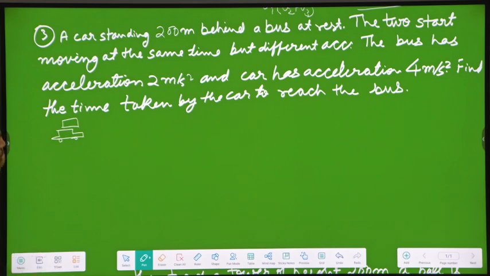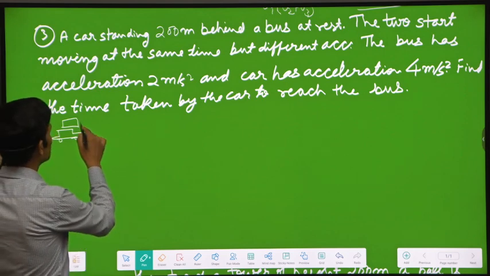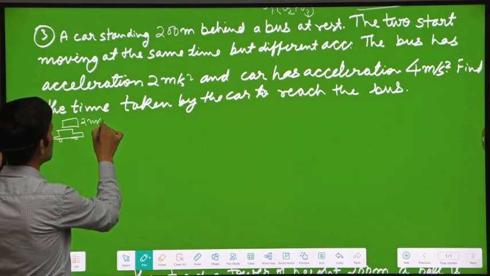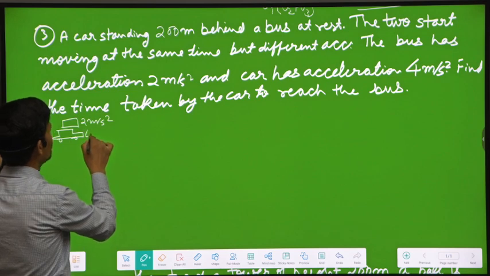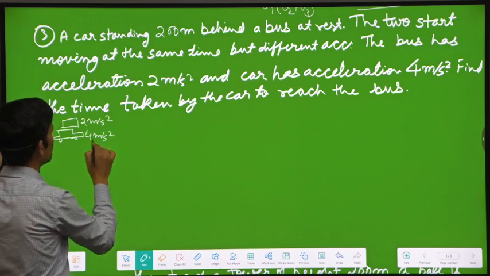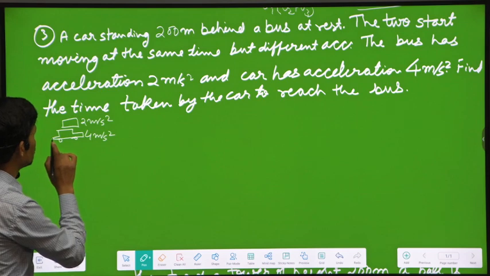The initial velocity is 0 and their acceleration, the bus has acceleration 2 meters per second square and the car has acceleration 4 meters per second square. Sorry, I'm making a mistake.